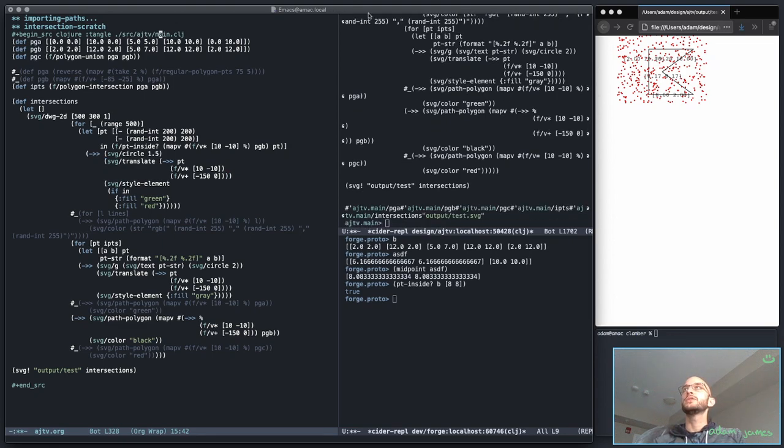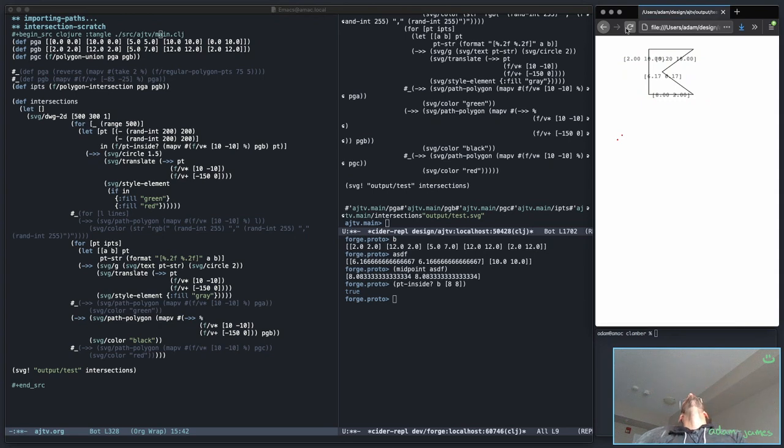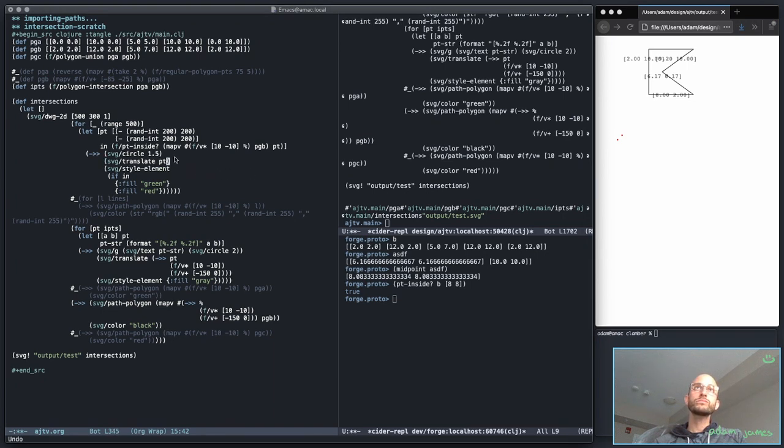I did move the translate or the intersection points to the right spot accidentally. Yeah. Okay. Okay. I'm really making a big mess of this code. Should clean it up soon.